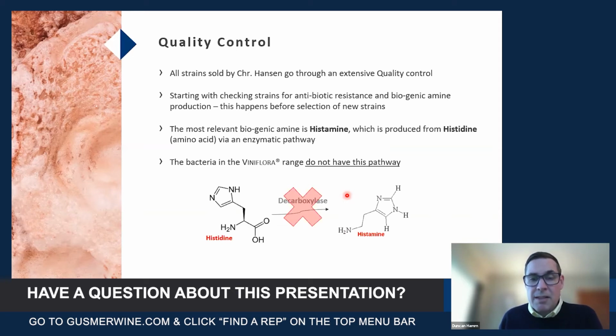We see that from the provincial monopolies in Canada and some of the monopolies in Scandinavia. Switzerland as well did have a law, which has actually been suspended at the moment because they want to harmonise with the EU, which just has a guideline. But nevertheless, there is legislation in place that stipulates that biogenic amines need to be controlled, and the most effective way to control them is to inoculate with a strain, so you have malo that doesn't result in that.